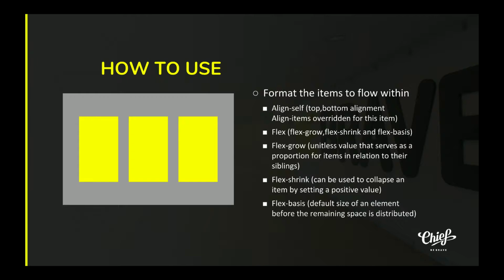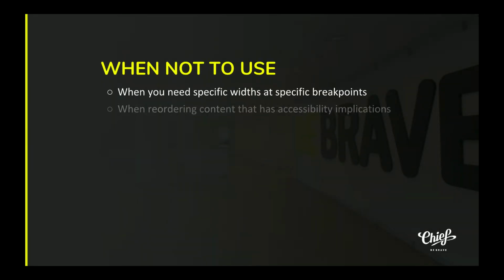You can set flex grow in that situation to 1 or 2 on that one particular item, and all the other items will be secondary. So if there's room for the item that has flex grow to be applied, it'll set that first and fill up any extra space. So we'll talk about some not to uses.